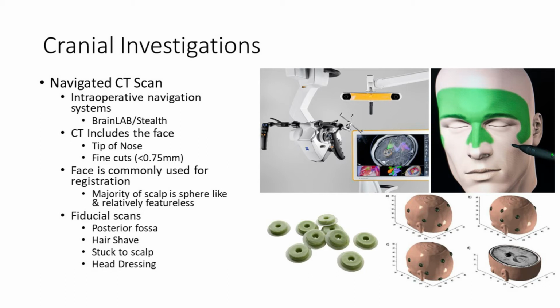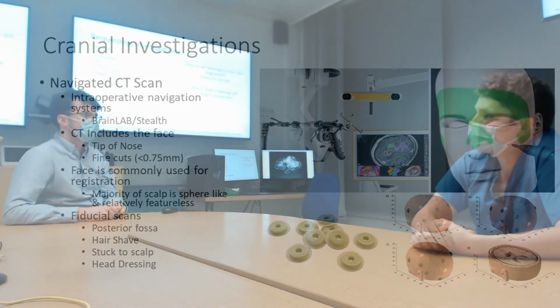Right. And to be fair, you want to make an operation as good as you can. So often Brainlab scans, or Stealth scans or navigator scans or CTs, they include the face. They'll irradiate the eyes, which they commonly try to avoid in plain CT heads because you'll get cataracts.